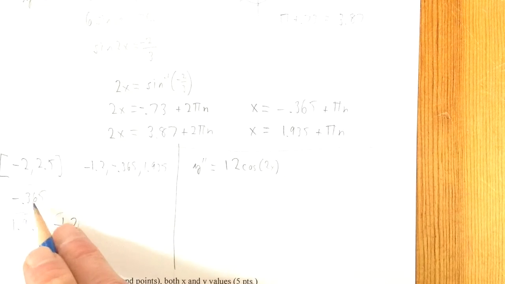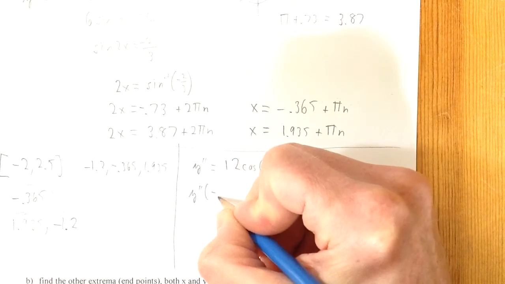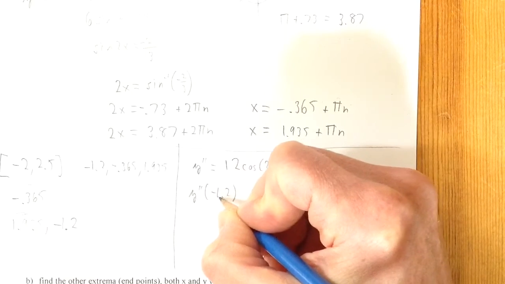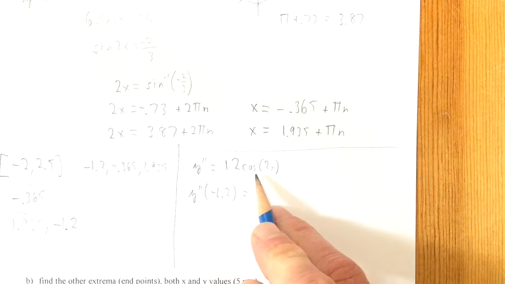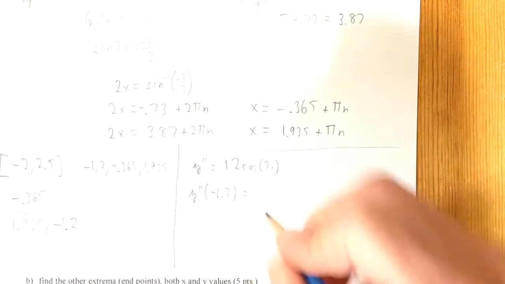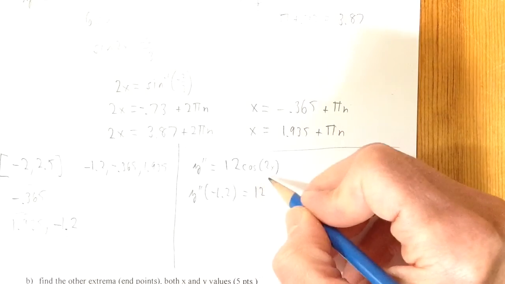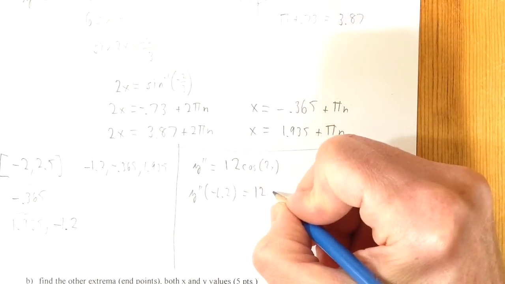So all we got to do then is plug those things in, see if it's positive or negative. We plug in negative 1.2. Remember, calculators have to be in radians. We don't even need the 12, because all we want to know is if it's positive or negative, but I'll put it there.